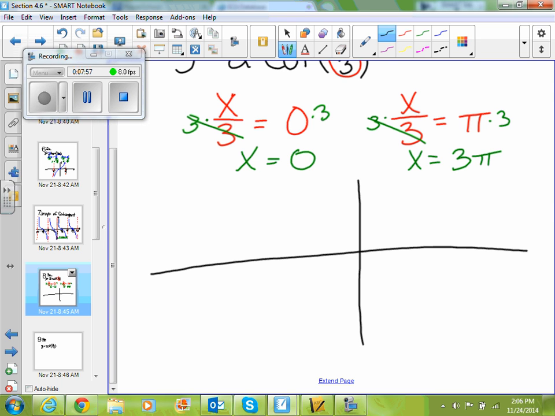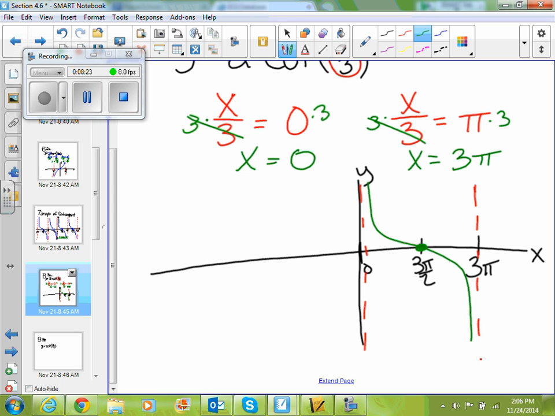And these form my vertical asymptotes. I then also know that my graph crosses at 0, and for a cotangent graph, we start up and end down. So my graph would look something like that.